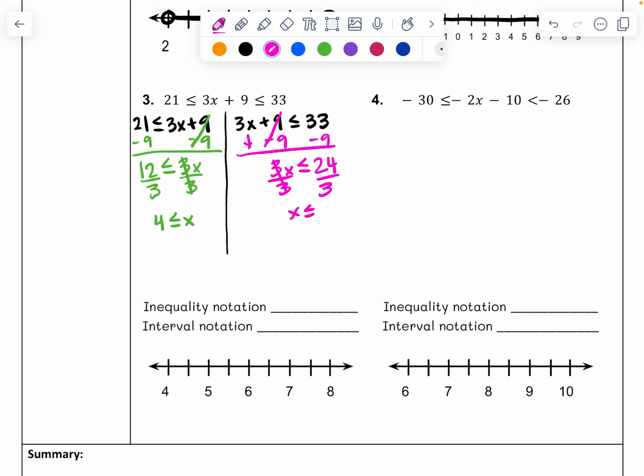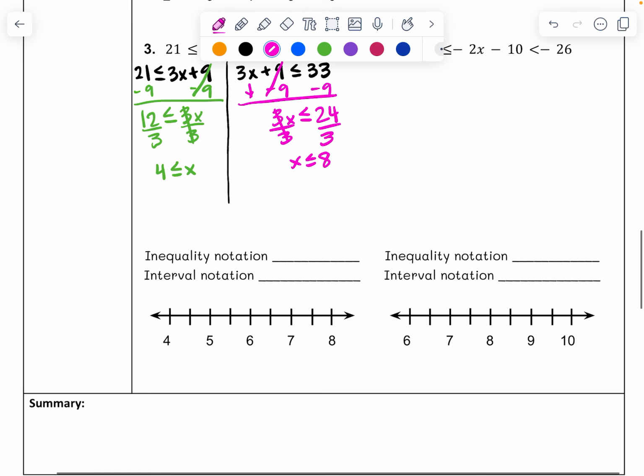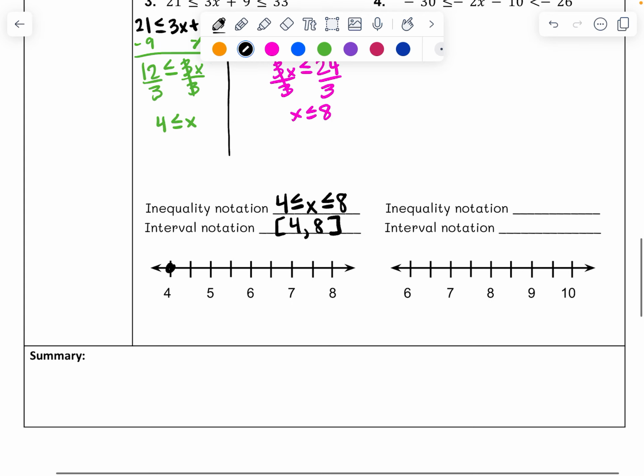I do not need to switch the inequality because it is being divided by a positive number, so I get x is less than or equal to 8. Rewrite it least to greatest. So 4 on the left, x in the middle, 8 on the right, and I'll have less than or equal to here and less than or equal to here. Brackets for 8 for my interval notation. Closed circles on 4 and 8 with a line between them.